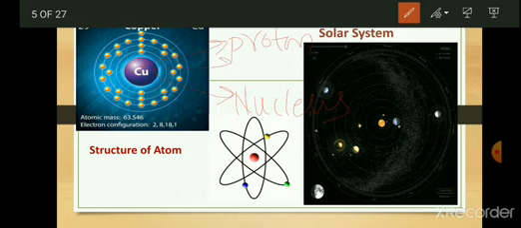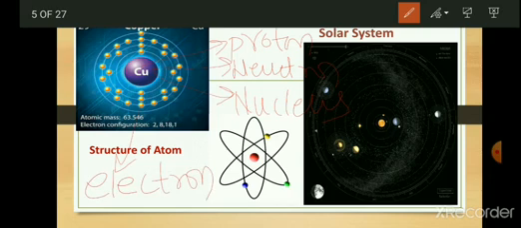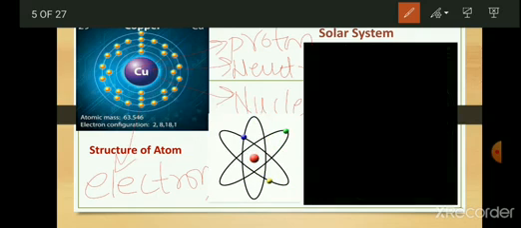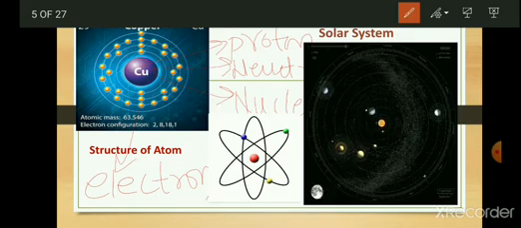Another one is the neutron, which is a chargeless particle, or no charge. And the remaining one revolves around the nucleus, that is called the electron. It is negative in charge, and these electrons revolve around the nucleus in a circular path as the planets revolve around the sun.